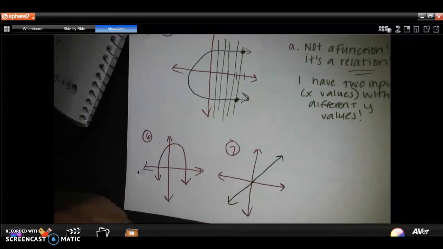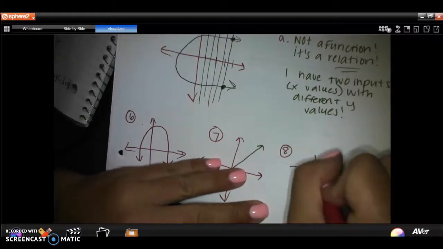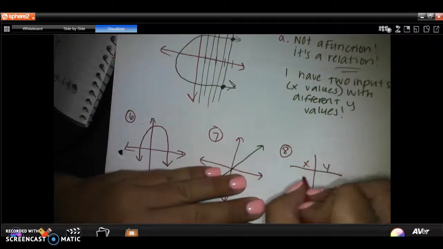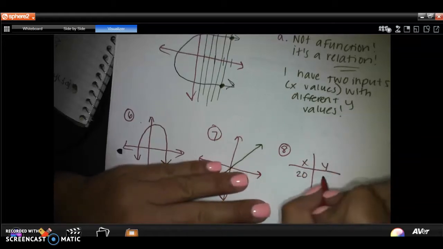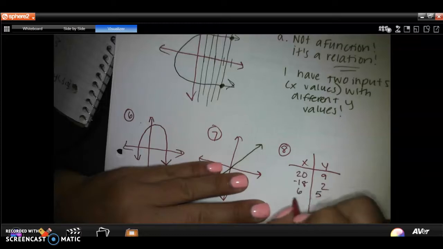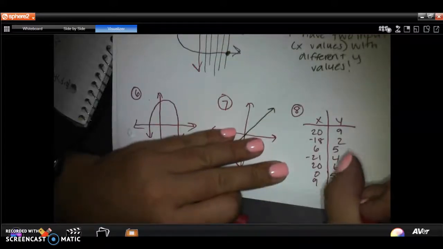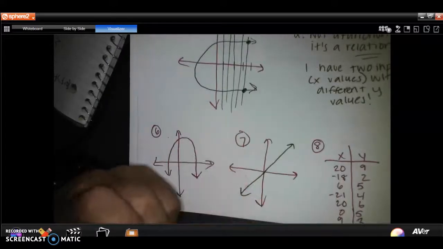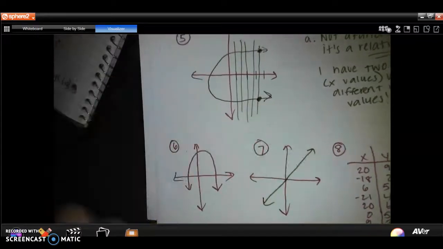And number 8, I would like for you to tell me if this is a function. Why or why not? So let's make up some numbers. Today's the 20th. It's almost October, which is 9. We've got -18, 2, 6, 5, -21, 4. We'll say 26. We'll have 0, 5, and 9, 3. Function, why or why not? All right, so I'm going to look tomorrow for number 4, 6, 7, and 8 in your notes.